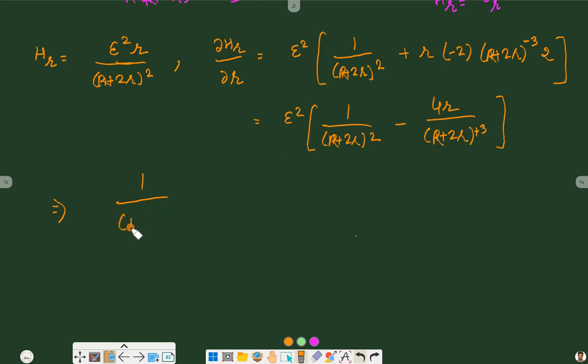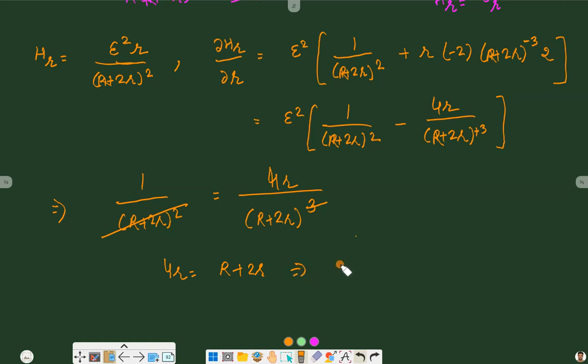So R plus 2r squared is equal to 4r into R plus 2r cubed. The square cancels the cube, and we are left with 4r equal to R plus 2r, and from this 2r is equal to R, and r is equal to half of capital R.